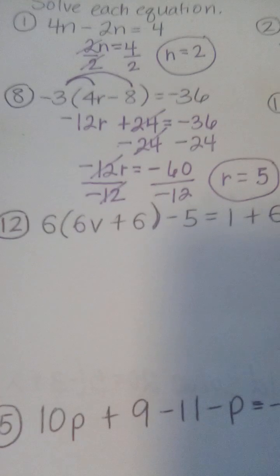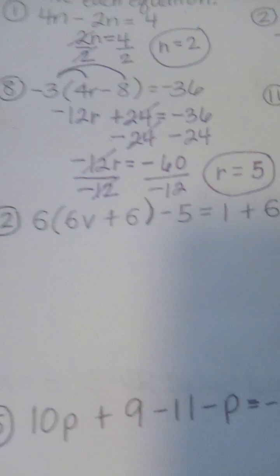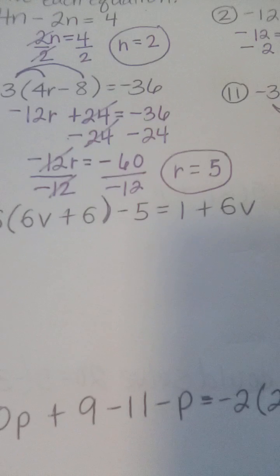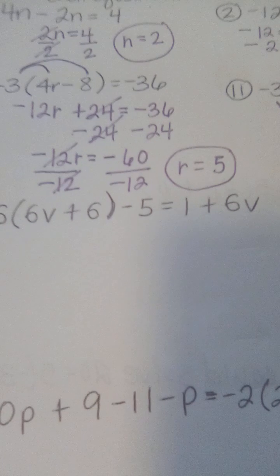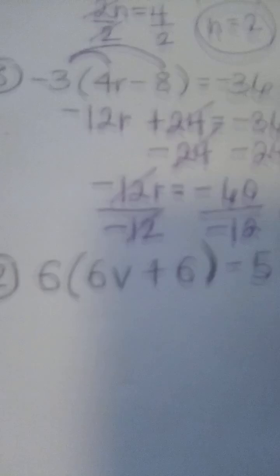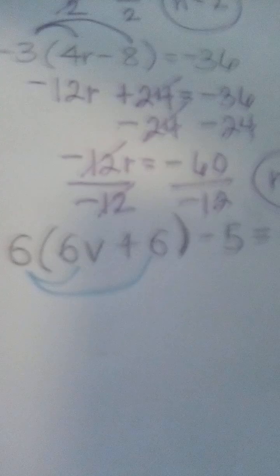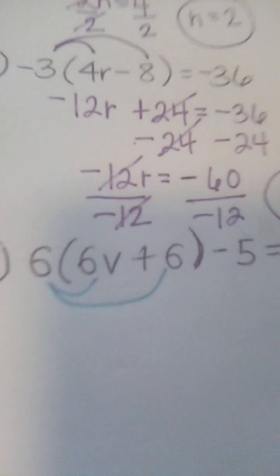Okay. Number 12. We have 6 in parentheses, 6v plus 6, close parentheses, minus 5 equals 1 plus 6v. First thing first, we need to clean this up a little bit. Let's do the parentheses first. We distribute the 6 to both terms, right? Very good.